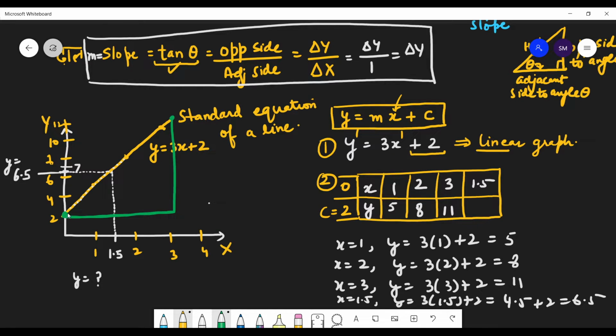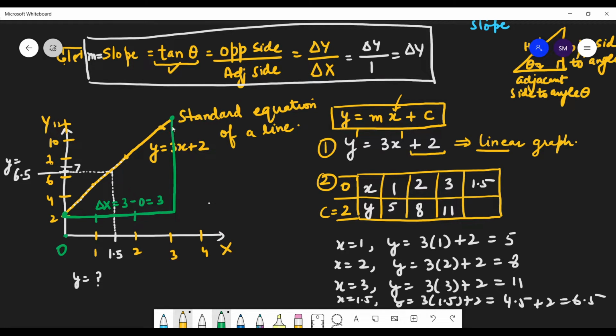When I am reaching from here to here, how many steps have I moved on the x-axis? 1, 2, 3. So how much is the change along the x-axis? I have reached the final step 3, and I started from 0. So final minus initial is the change in x-axis.